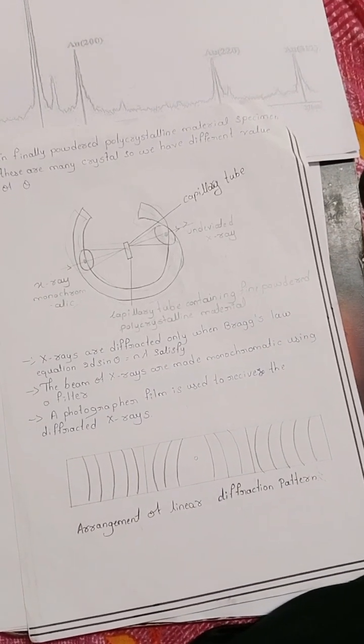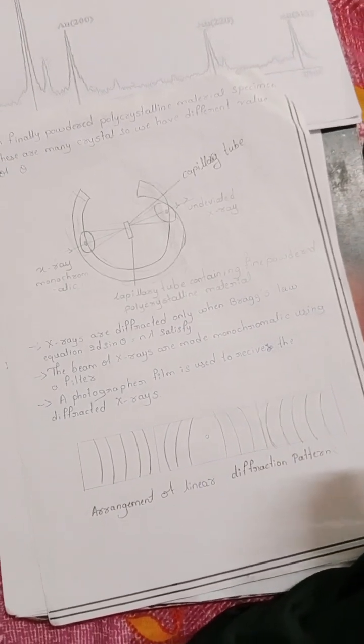These are continuous, and these are produced in a gamma decay, as we studied in nuclear physics.